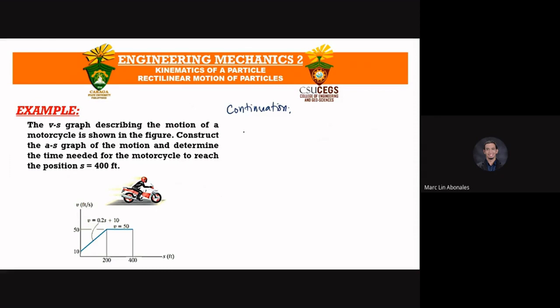To determine the time, we need to choose again from the three kinematic equations. It must have the time. So we choose from v is equal to ds over dt, a is equal to dv over dt, and a ds is equal to v dv.